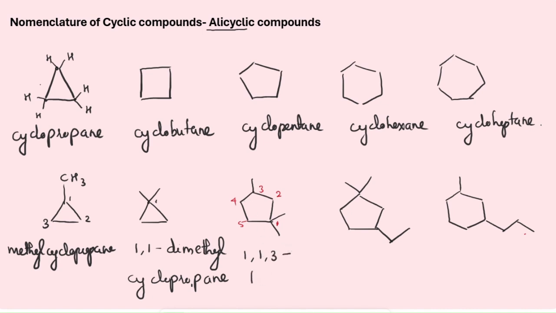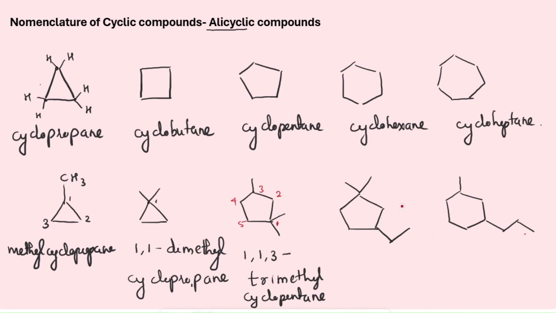There are 3 methyl, therefore trimethyl, and there are 5 carbons, therefore cyclopentane. There are no spaces here, okay? It's just that I am writing like this. Otherwise, 1,1,3-trimethyl cyclopentane is the full name of the molecule.